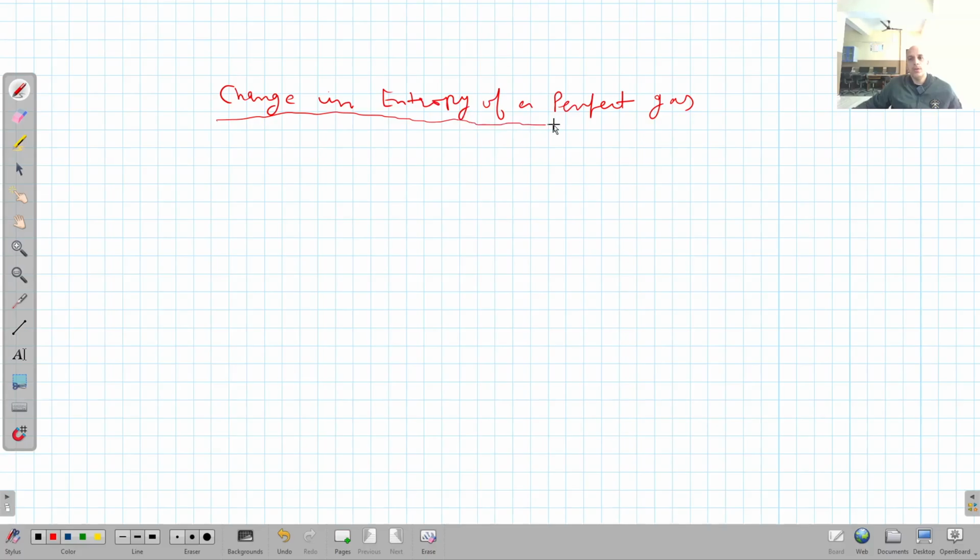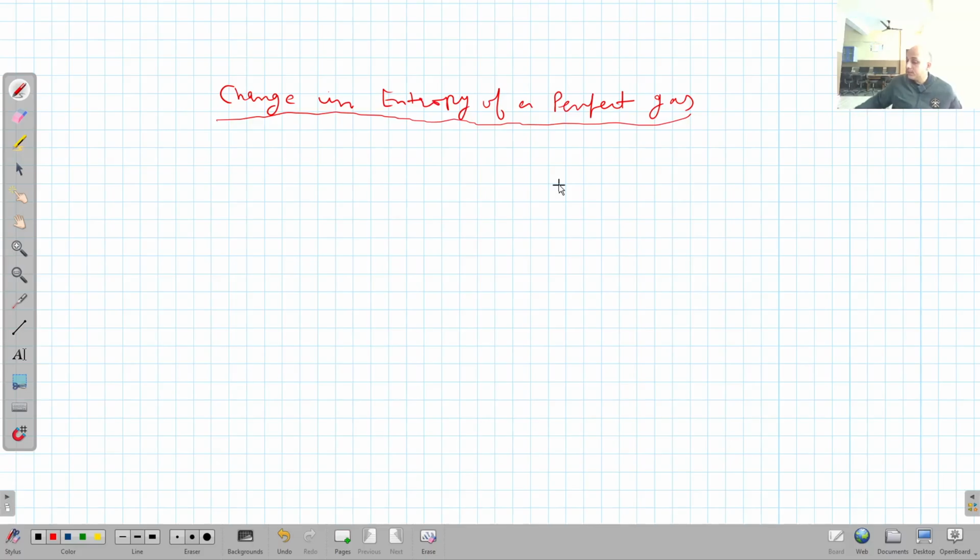Ultimately, in this article we will derive an expression that will tell us which factors the change in entropy of a perfect gas depends upon, and how this equation behaves under different conditions, right?